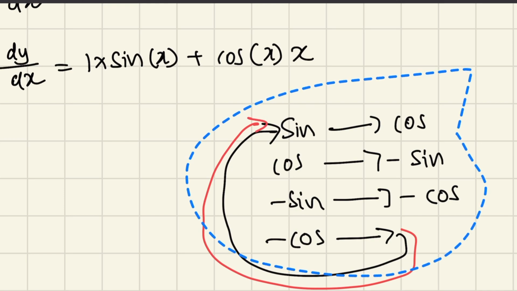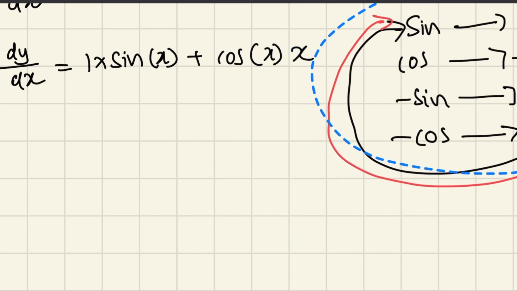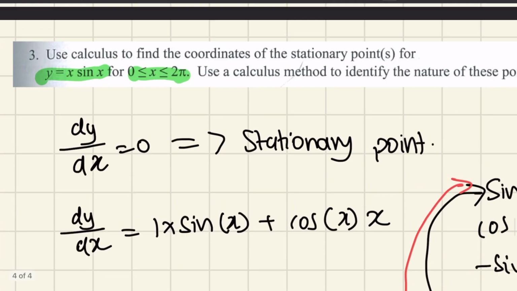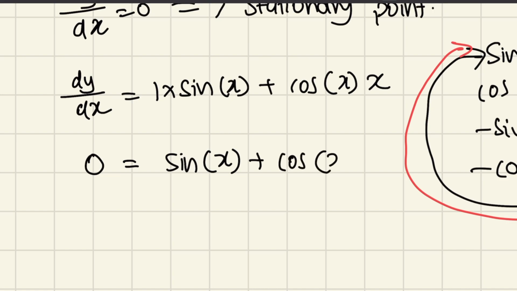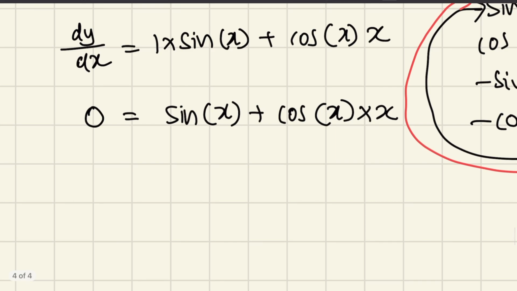I'll move this out of the way now. Cool. Right, next step. Now, to find the stationary point, we want the derivative function, which is this, to equal 0. So let's do that. Then 0 will equal sine x plus cos x multiplied by x. Now, using our basic algebra knowledge, we can move this over to this side.